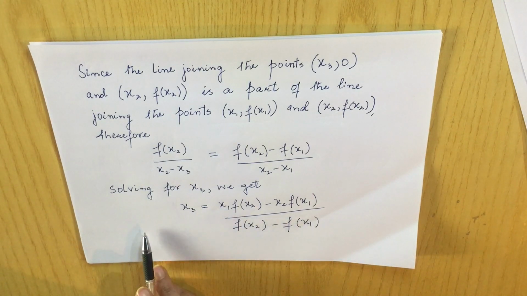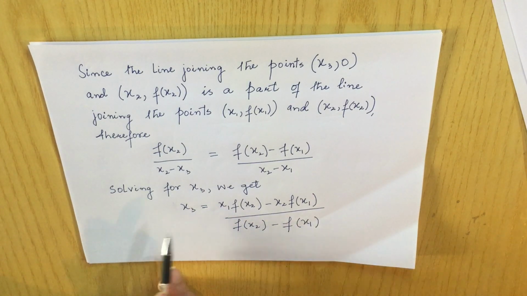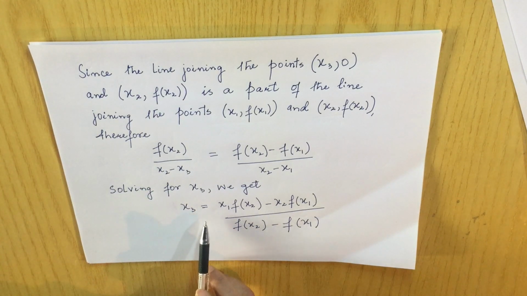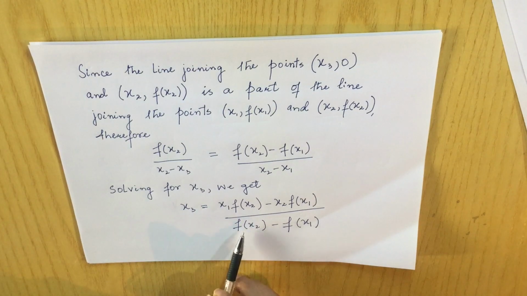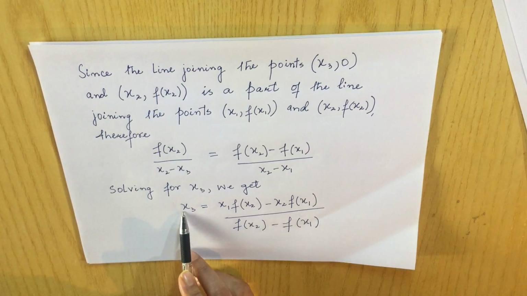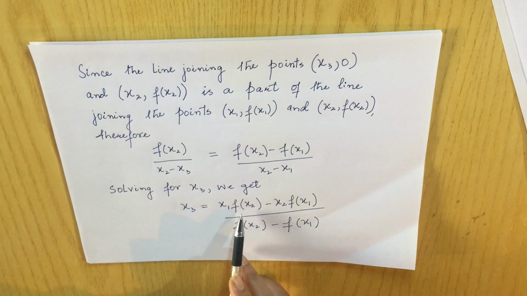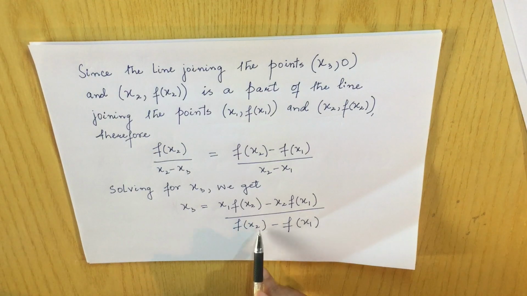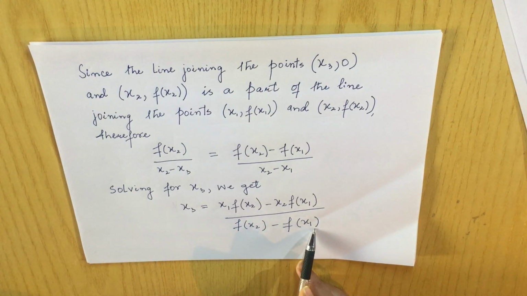We are just solving for x3. Therefore our new point is x3 equals x1 f of x2 minus x2 f of x1 divided by f of x2 minus f of x1. In the bisection method, we calculated x3 as x2 plus x1 divided by 2. Here we calculate the next point x3 as x1 f of x2 minus x2 f of x1 divided by f of x2 minus f of x1.